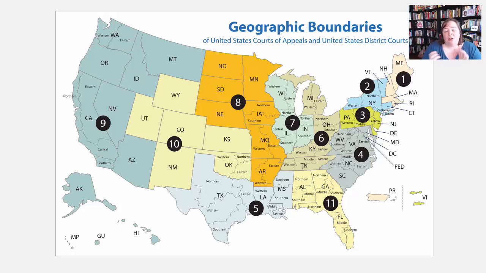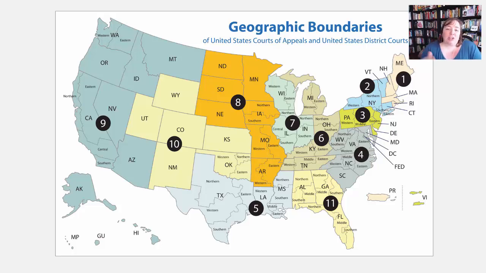Some of the districts have a relatively small geographic footprint. For example, the 3rd district is Pennsylvania, New Jersey, Delaware, and the U.S. Virgin Islands. Whereas some are very large, like the 9th Circuit. This is where all of the West Coast and mountain states are, in addition to Hawaii, Guam, the Marshall Islands, and Alaska. So that one's very large.